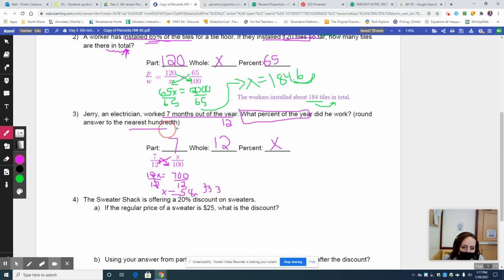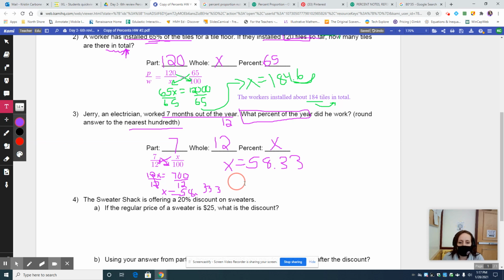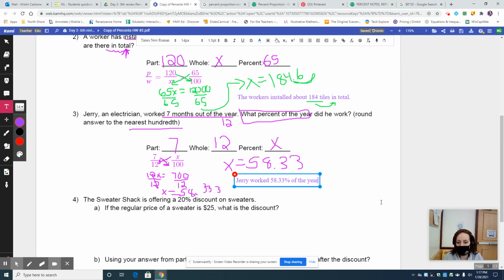And it wants us to round to the nearest hundredth. So that would be 2 places. So x equals 58.33. The target statement for this would be Jerry worked 58.33% of the year, period.